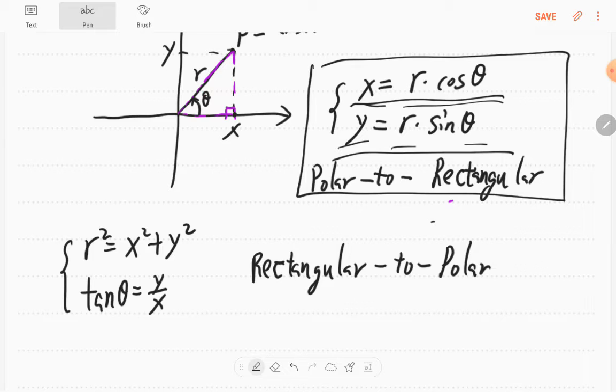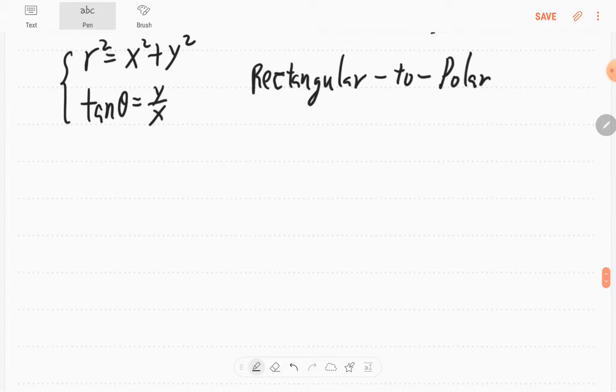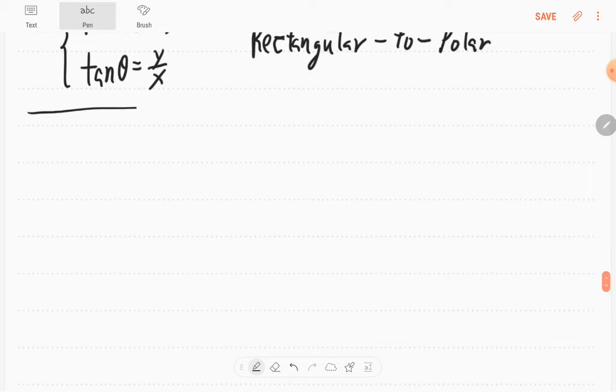But our points may be in the second quadrant, maybe in the third quadrant. So arctangent cannot cover all the points in the plane. So we use tangent theta only. Then we need to determine the theta depending on the problem.